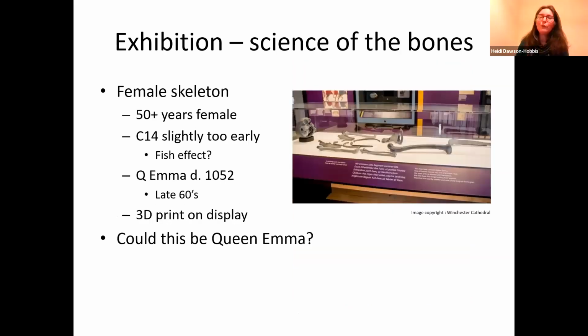Our other individual was slightly easier to work out as a separate individual, because this was the only female that we appeared to have from all the bones within the mortuary chests. So the only female we have named is Queen Emma, so it's possible that this could be Queen Emma's remains.